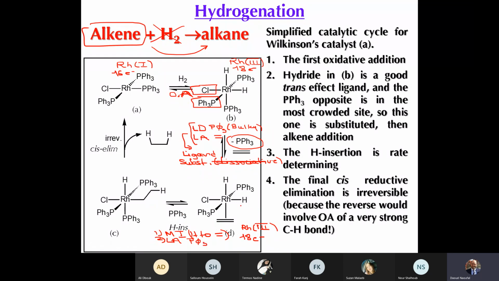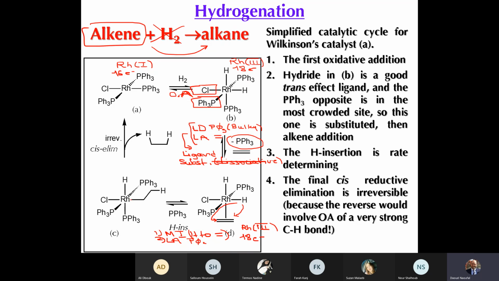So we have two possibilities. The hydrogen can attack this carbon, or the hydrogen can attack the second one. But since the alkene is symmetrical, if it attacks carbon 1 or carbon 2, this is the same product formed. So we have only one possibility.